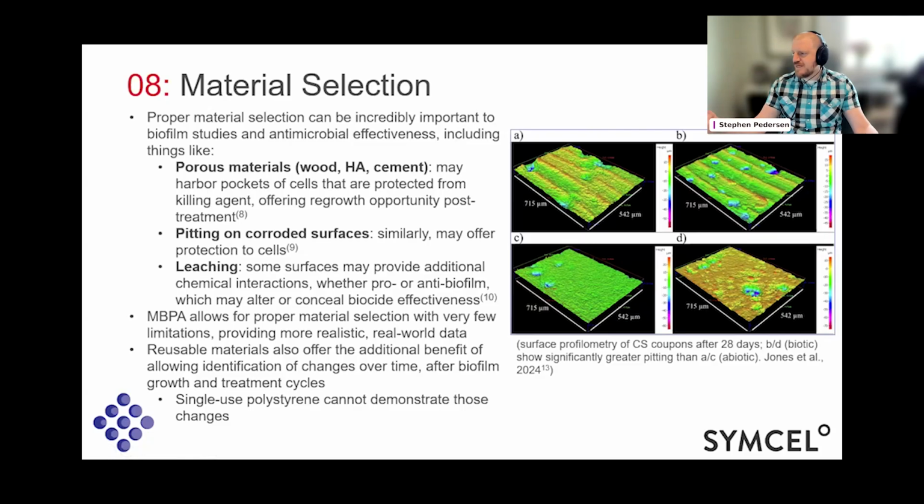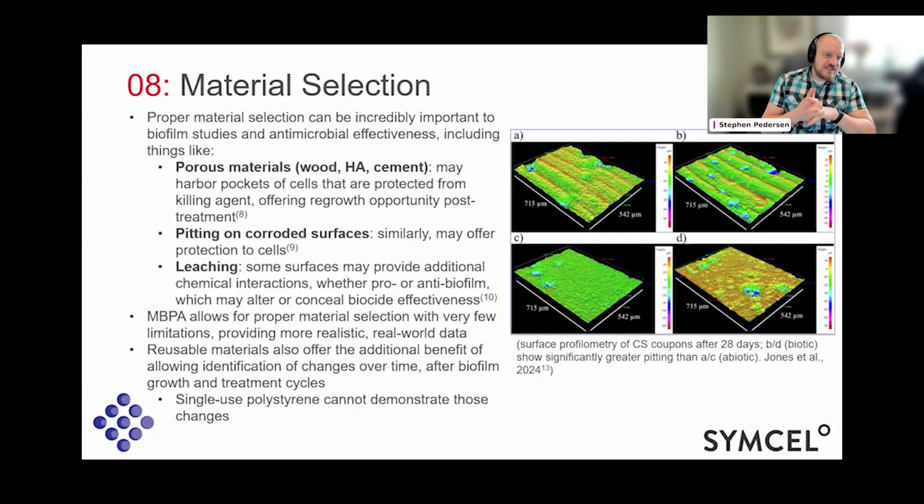And then the B and D on the right were biotic experiments, included the biofilm, and you can see the difference between the left and the right images in the amount of corrosion. And so you can imagine that will have effect on how your treatment is working on the biofilm, especially over time, from experiment to experiment.